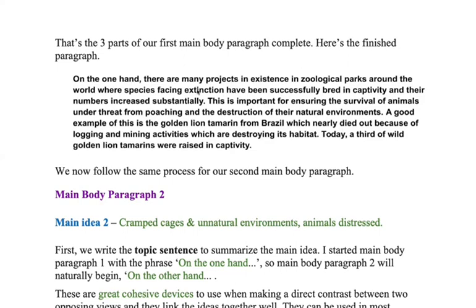So a good example, this is the example. A good example of this is the golden lion tamarin. Nearly dying out, that means facing extinction because of logging and mining activities that destroy their homes, habitats. Okay. So we have topic sentence, explanation, and example.